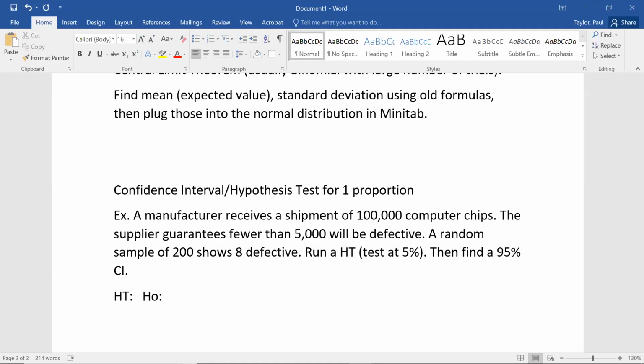So 5,000 out of 100,000, that's a proportion: 0.05. So that's the number we're testing against. We want to know, is the number of defective chips less than that? That's the line we're testing against, what we're comparing ourselves to. And the null hypothesis is always a specific number that you're comparing yourself to.